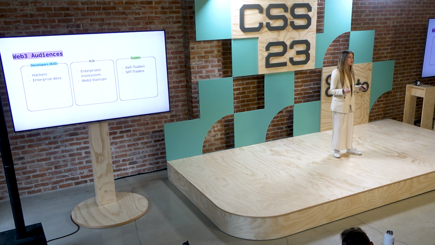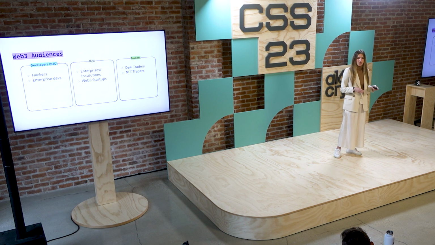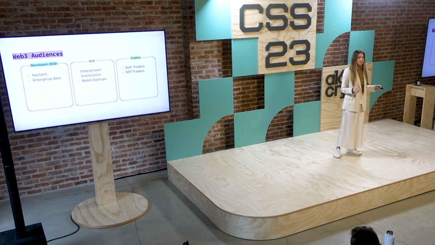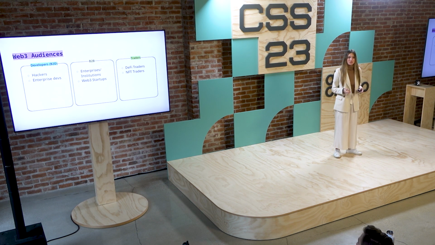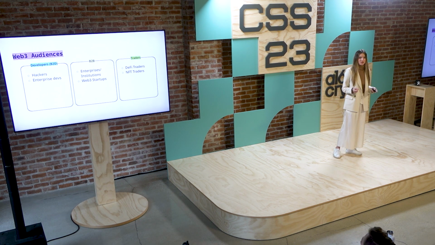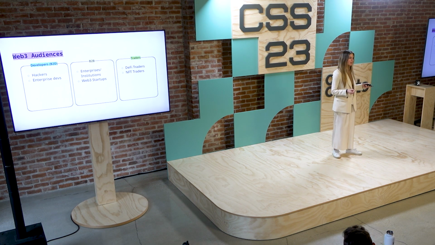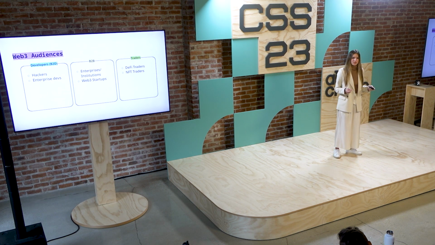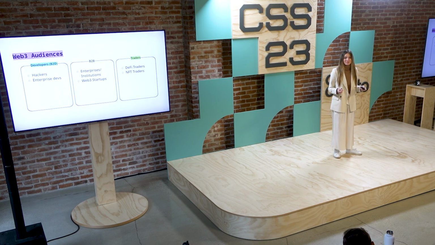And then there are enterprise or institutional devs, often more formally trained, often working for a larger company, a more established startup. So it depends, and they often know different languages and are using different kinds of software and have different kinds of mechanisms for selecting which software they want to use. So you got to know your audience. A great way to target developers is with hackathons and meetups.